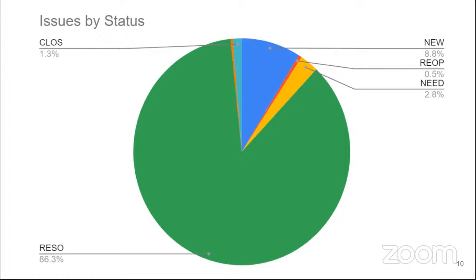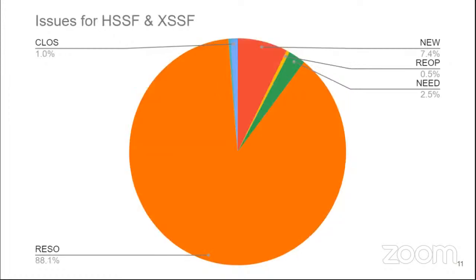Next slide, please. Here we can see issues by product, for example for Excel, HSSF. It's for the Microsoft OLE2 format. It supports Excel and Word documents until 2003. The second one is XSSF format issues. It supports Word and Excel 2007.